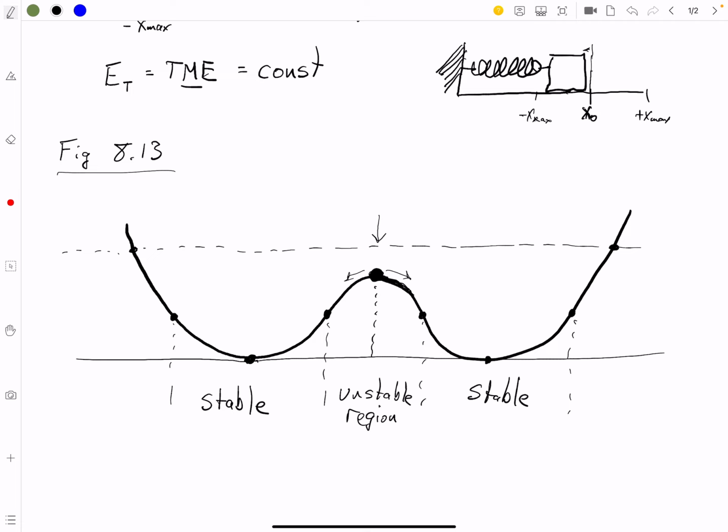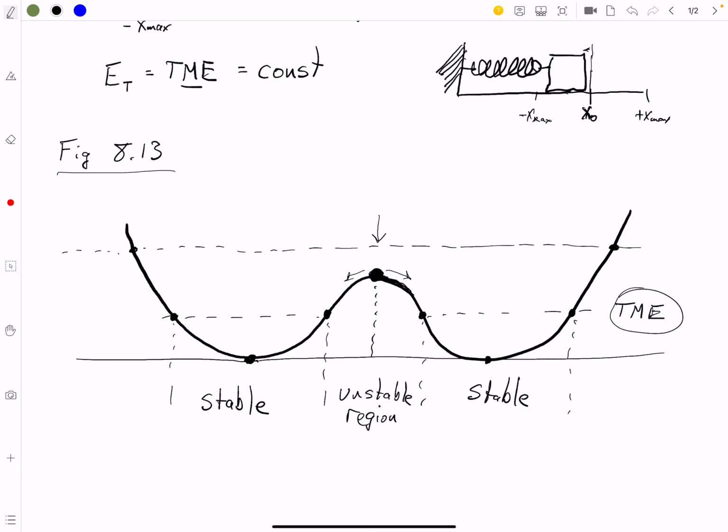We've got our stable regions, we've got our unstable region. Now, that's if our total mechanical energy is this much, okay? So if our total mechanical energy is this high right here, this is where we are allowed to be in this range.